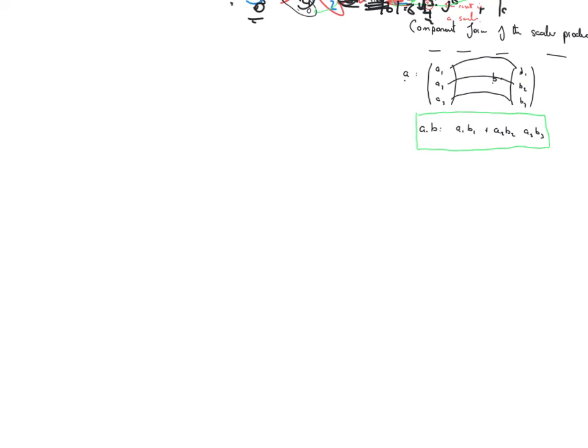So, we're going to find A dot B given. Okay, question A. Vector A, I should say, is 1, 3, minus 4. And vector B is 2, 6, 2.